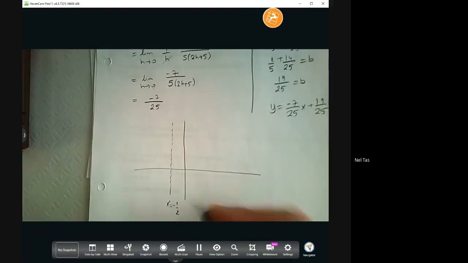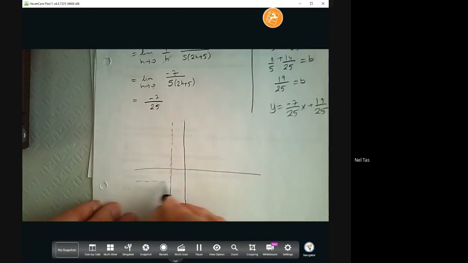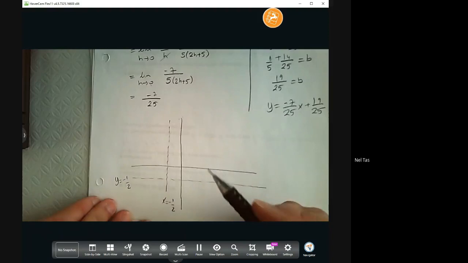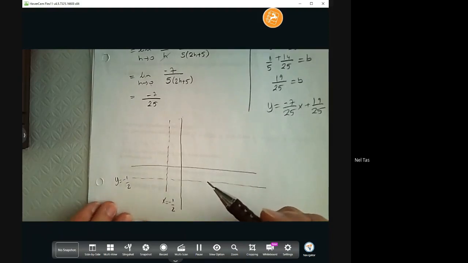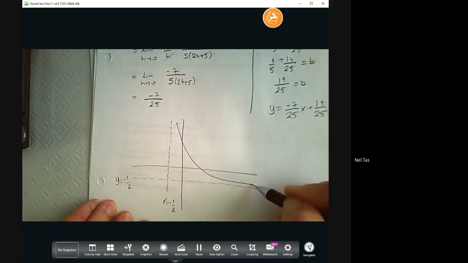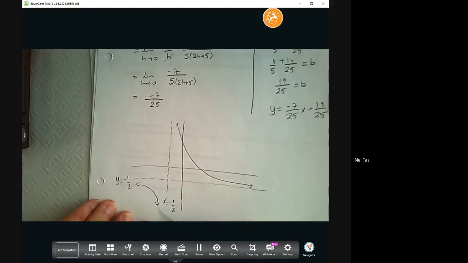So it looks like the horizontal asymptote is also y equals negative 1 over 2. And this graph is something like this. And there's another piece there.